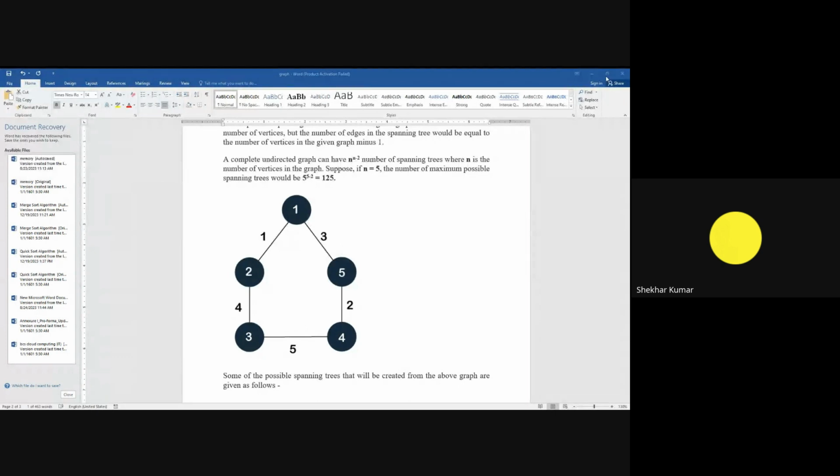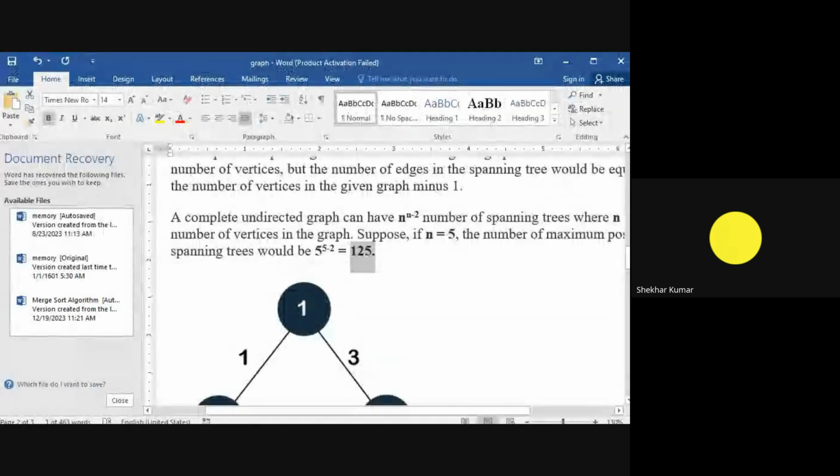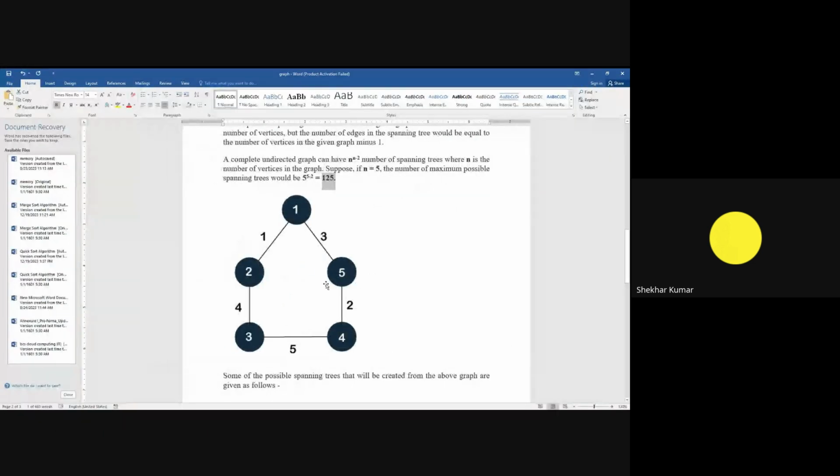For example, in this tree, what is the minimum? Minimum weight is 1.